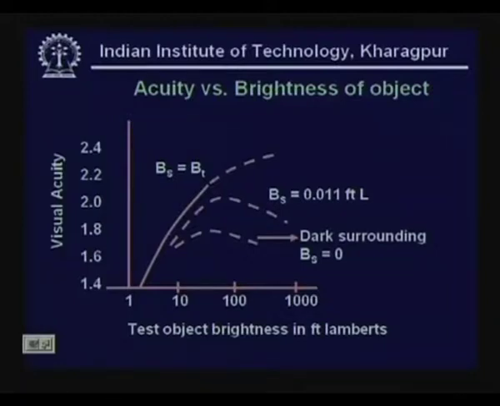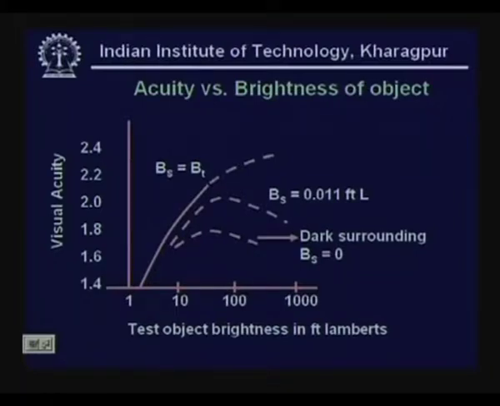On the other hand, we do find when the surrounding brightness is increased to 0.011 foot lamberts, the acuity reaches a peak value of 2 at about 100 foot lamberts of the test object.